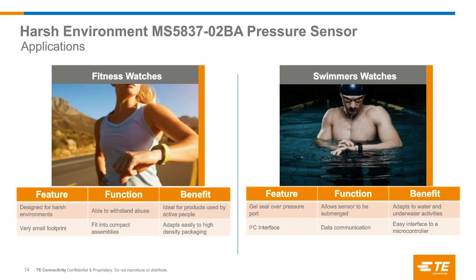Just to give you an idea, here's a couple I already mentioned. Fitness watches are actually a pretty harsh environment if you think about it. People are jogging with them, running, doing sports activities, they're on the wrist, so they go through a lot of motion, acceleration, deceleration, shocks and bumps and bangs.